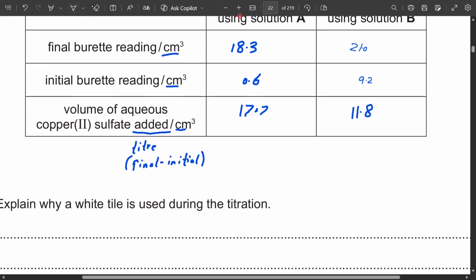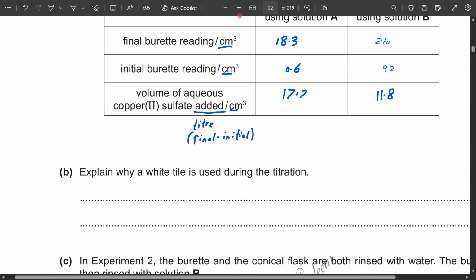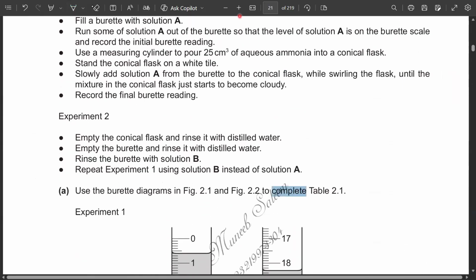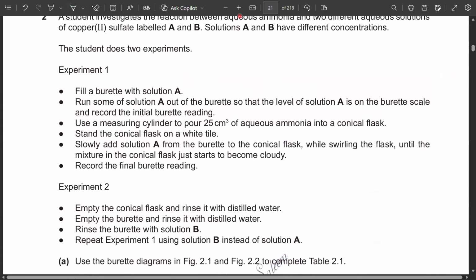Okay. Then it says, explain why a white tile is used during the titration. So if we look at the procedure, it said that we had to use a white tile just below the burette. Now the reason behind this.